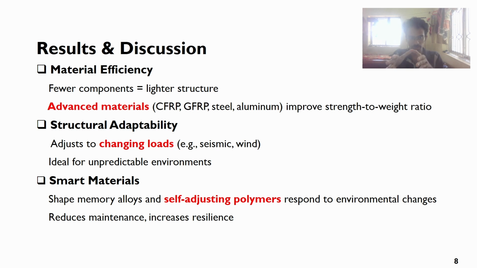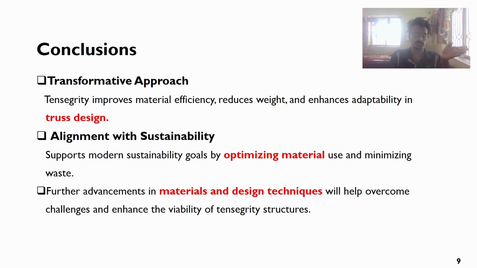So we need to reduce that by implementing a lot of methods. We can reduce the movements. We can use advanced materials, shape memory alloys and self-adjusting polymers that respond to environmental changes, and that can be implemented in this sense.